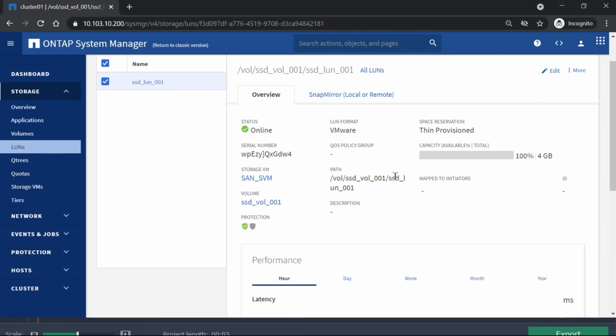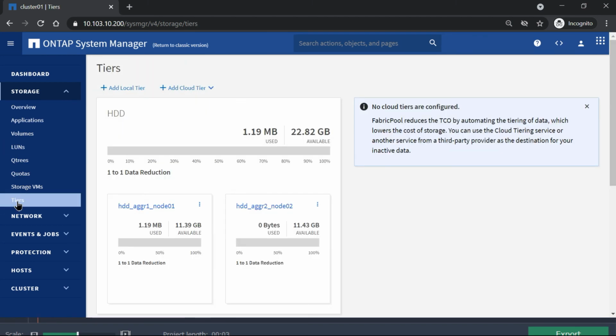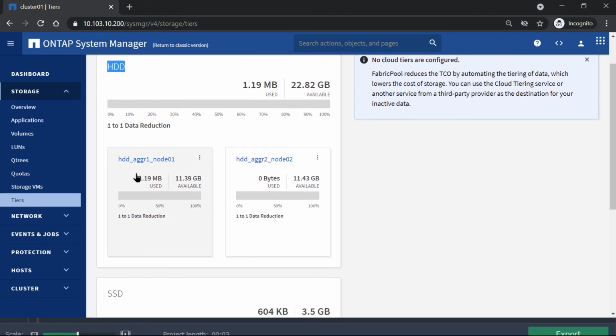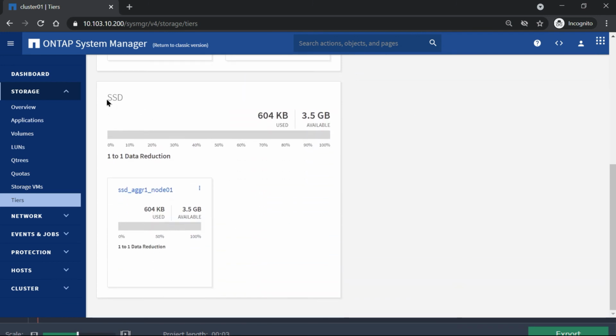Again, this is the path to the LUN. Let's have a look at the tiers, where we can find the aggregates. So we have the HDD tier, and these are the HDD aggregates we have. And also this is the SSD tier, and we have a single SSD aggregate in this storage system.